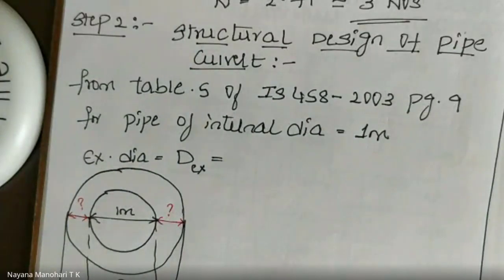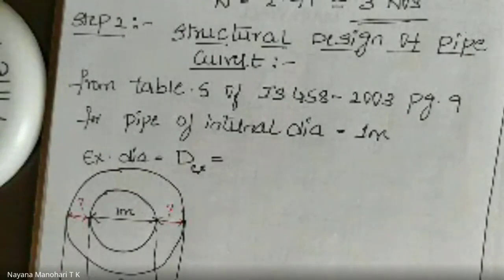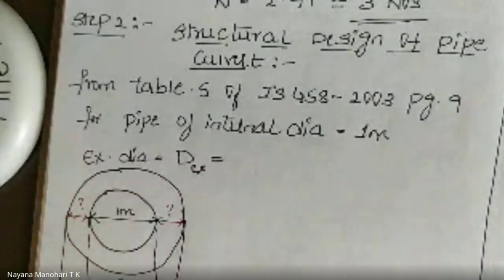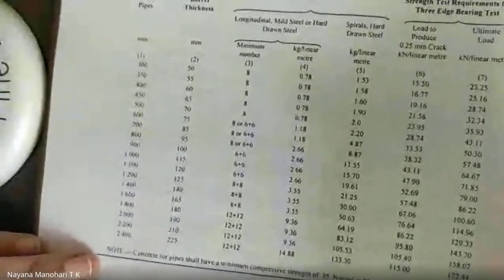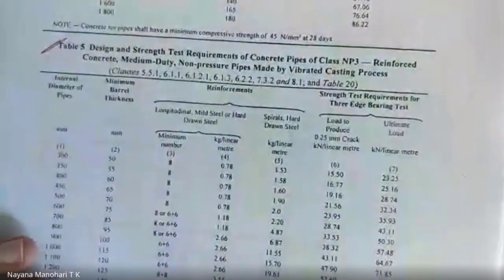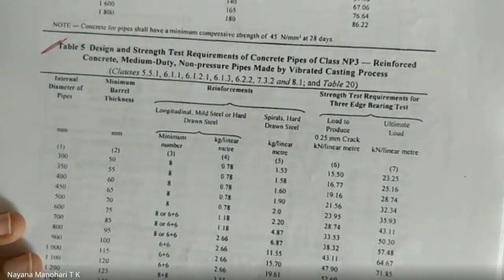I will show you now. See here, you are going to design for concrete pipes, that too for NP3, that is reinforced concrete only.